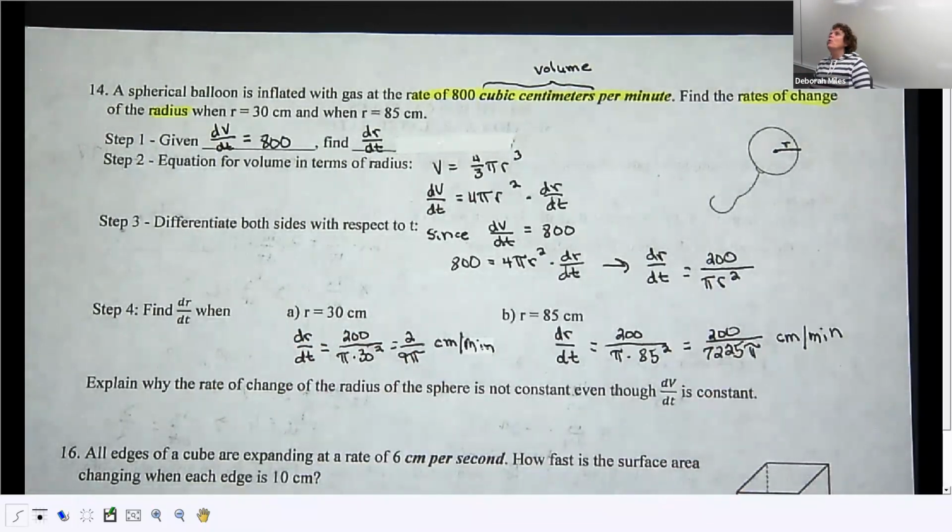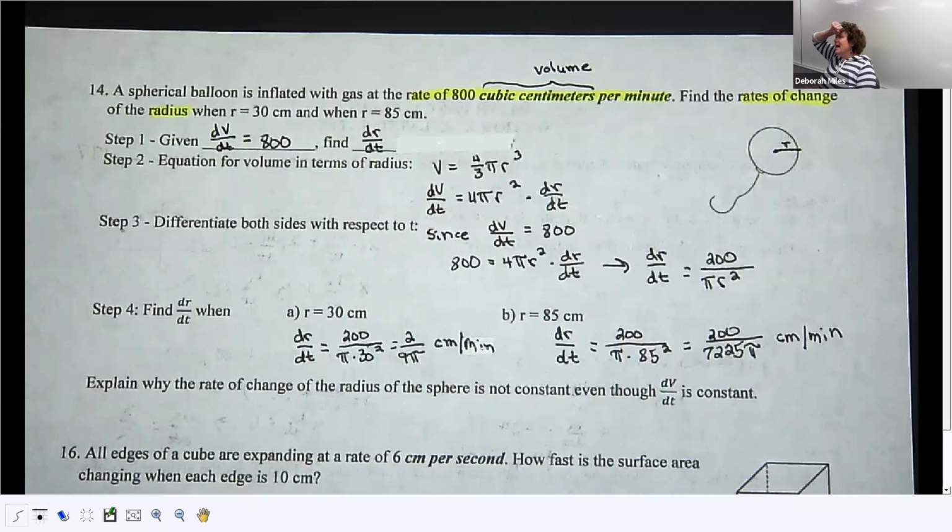Think about pouring water into a vase that is wide at the bottom and gets skinnier, skinny at the top. Is the rate of change in the height of the water going to be constant as you're pouring water into the vase?